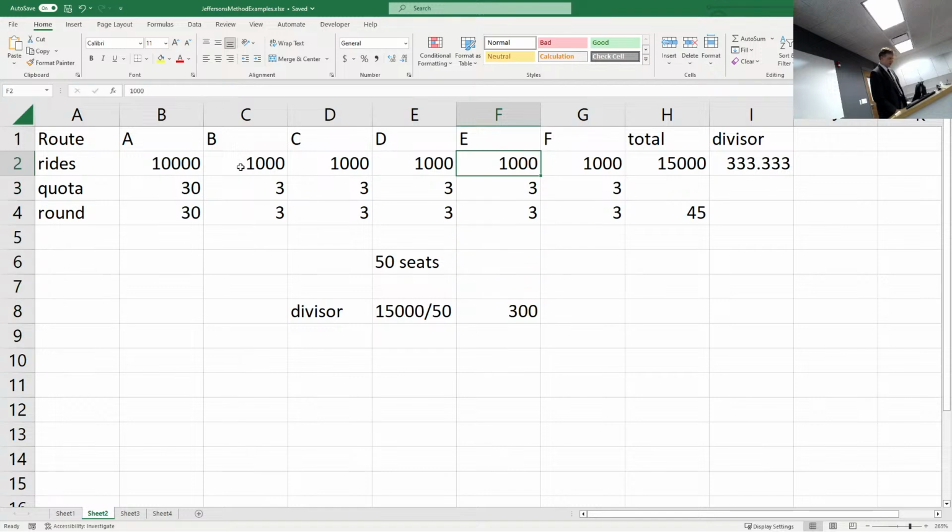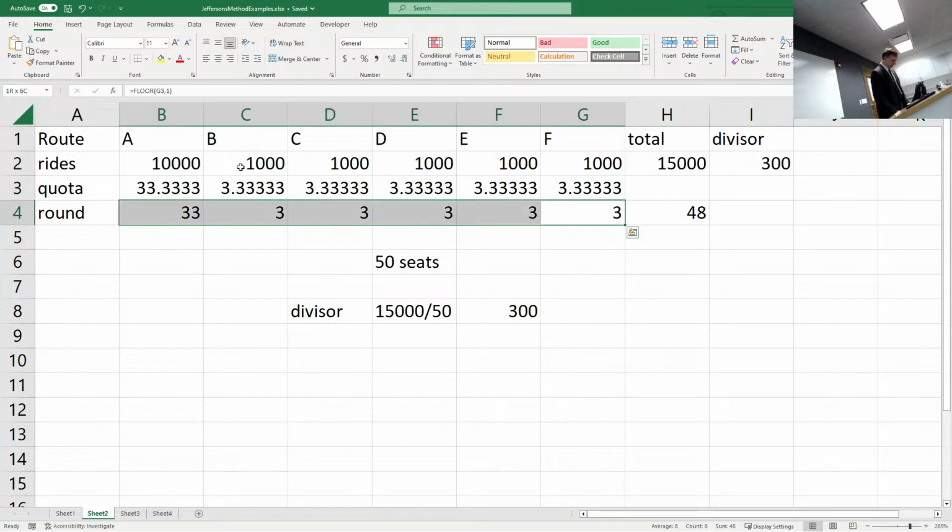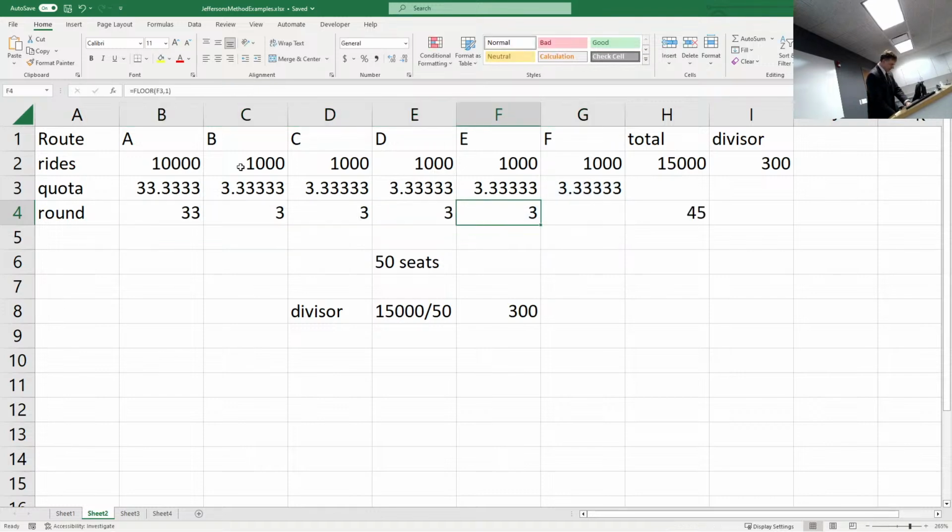Yeah, this is going to do it. Okay. So the standard divisor is 300. You can ignore these numbers down here. They are irrelevant at this point. So looking at these, if we have 50 seats, the divisor is 300.